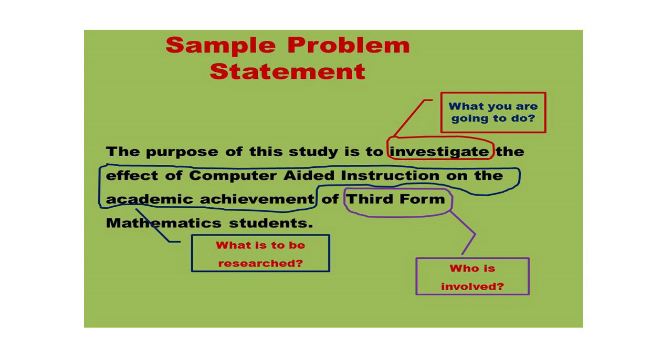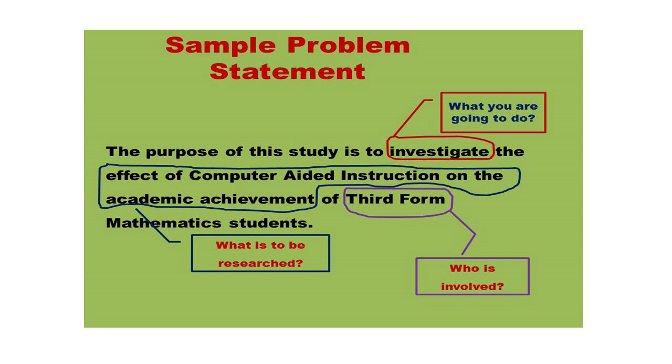The effect of computer-aided instruction on the academic achievement tells us what is to be researched. It is clearly explaining on which the research is going to be done. Of third form, who is involved in this research? So basically we are covering what you are going to do, what is to be researched, and who is involved in it.